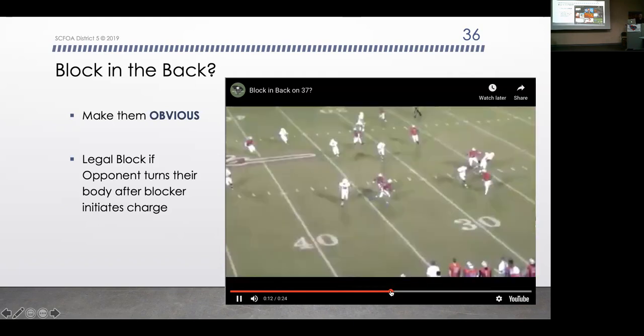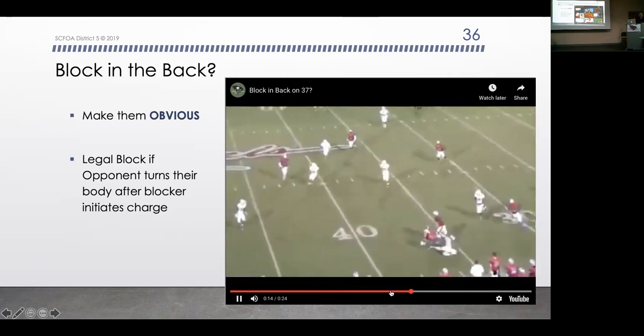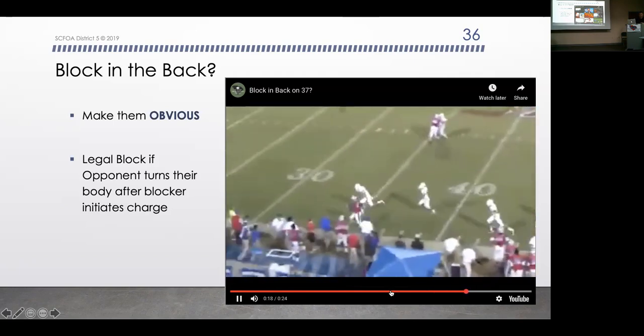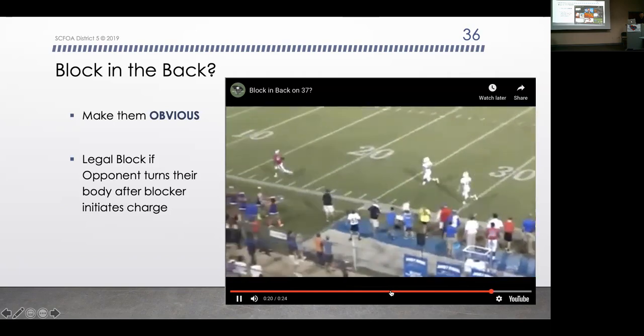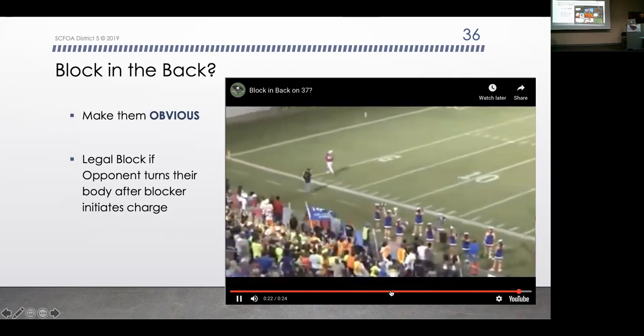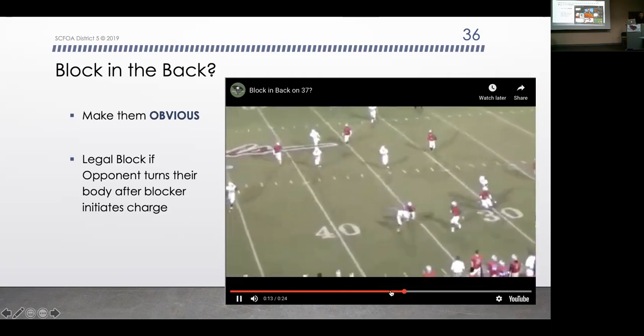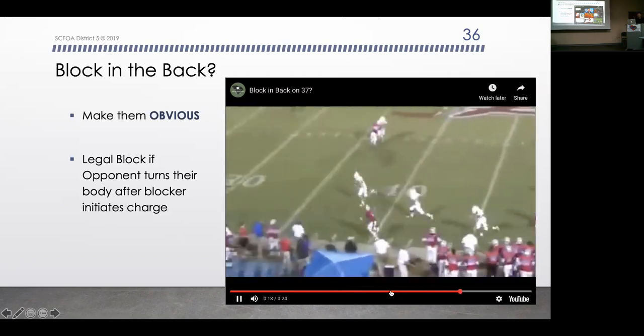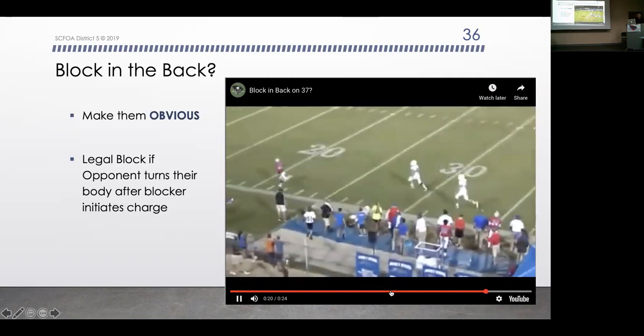Any comments about the block in the back videos? On that same play, the block right next to what appeared to be a block in the back, I questioned whether or not it was a low block. Run one more. Check the block right next to him.